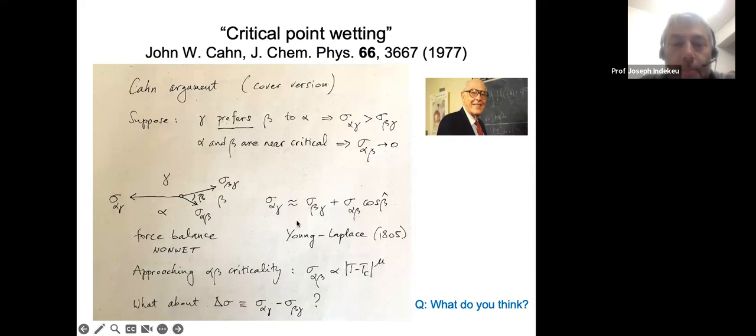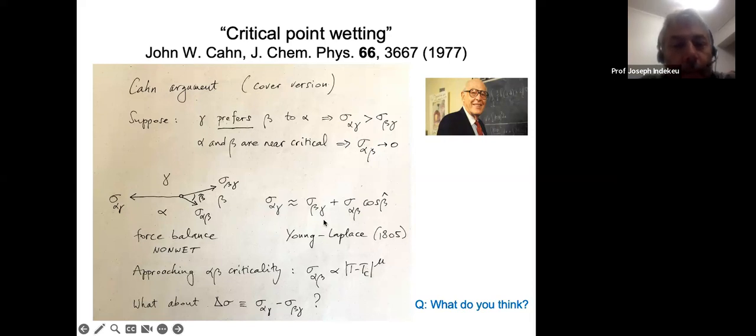Well, if we want to maintain the Young-Laplace equation, and this we must do in the non-wet state, then of course this difference will also somehow have to become smaller as we approach the critical point, or at least we are inclined to think so.